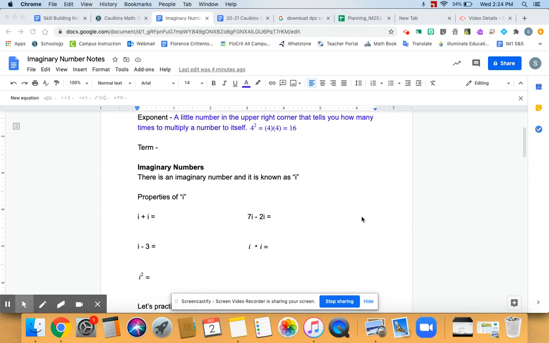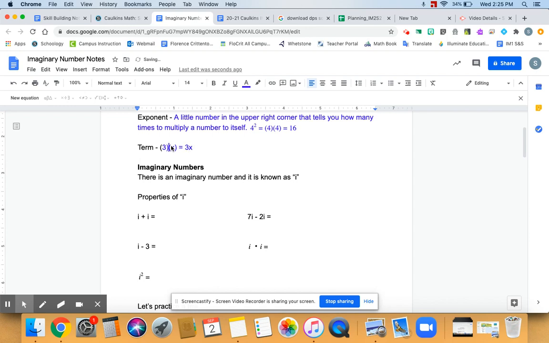So term in math just means a collection of numbers and letters. Anytime two terms are being multiplied together, like 3 is its own term and x is its own term, if I did 3 times x, I get something called 3x.